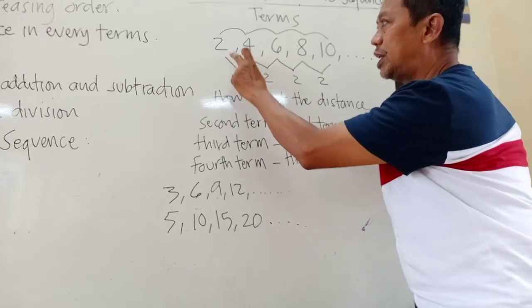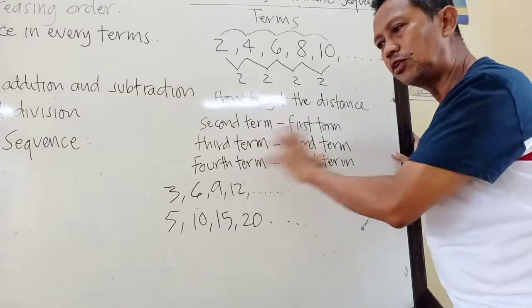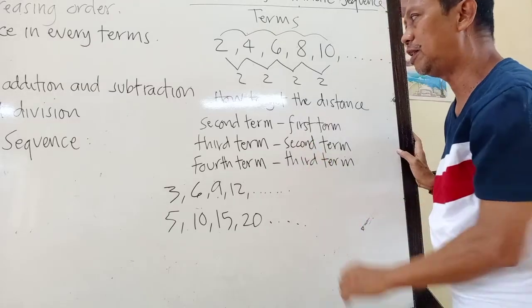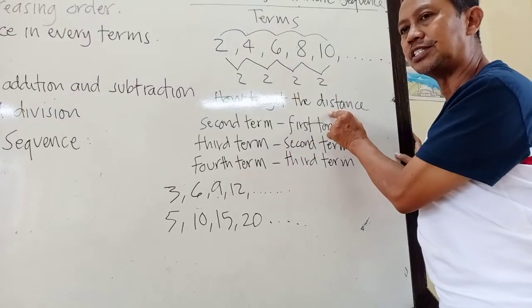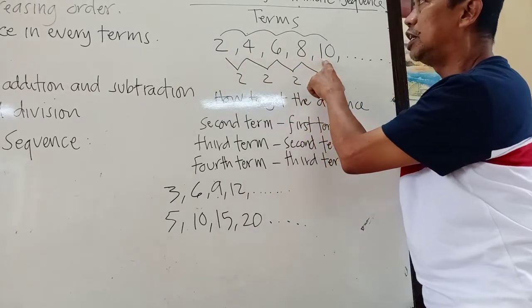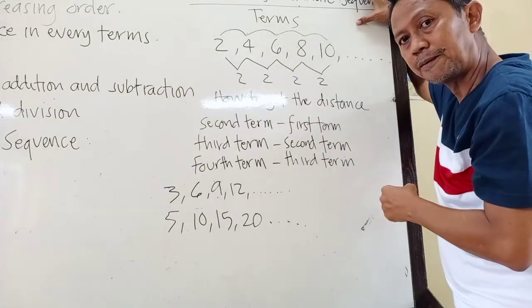Therefore, the distance in each term is constant, meaning it does not change. That is the example of a constant distance, and this sequence is considered an arithmetic sequence.